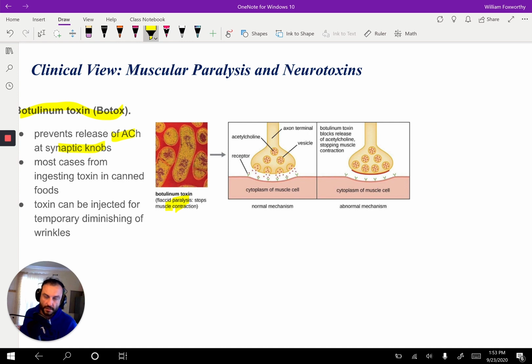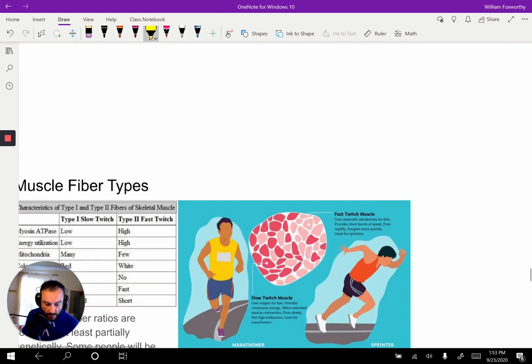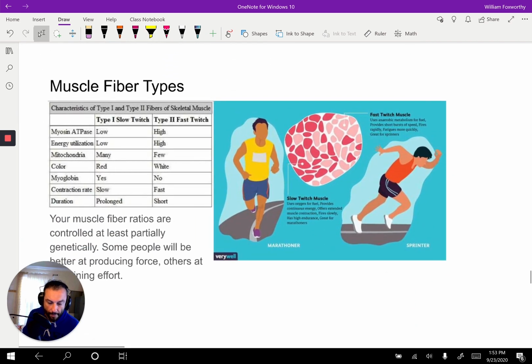Most of the time you get that from ingesting a toxin released by bacteria from canned foods, but other people inject it willingly into their face to relax those muscles with the goal of making their wrinkles disappear.